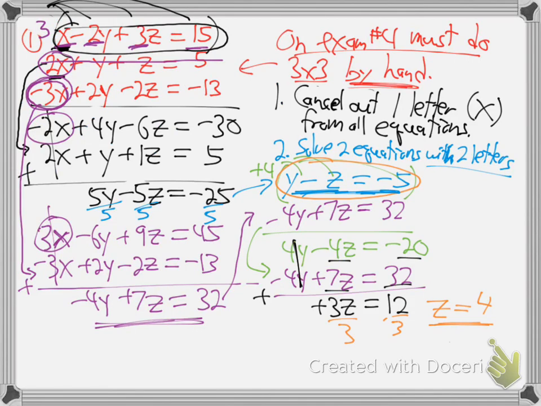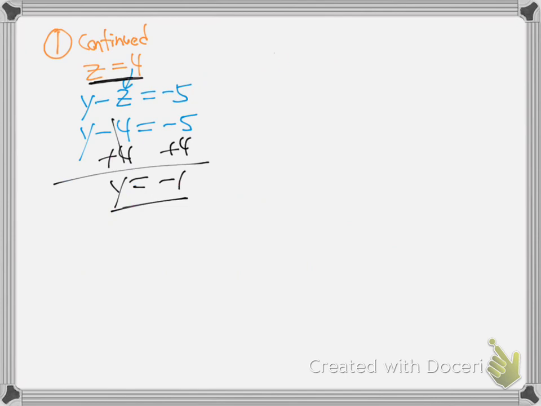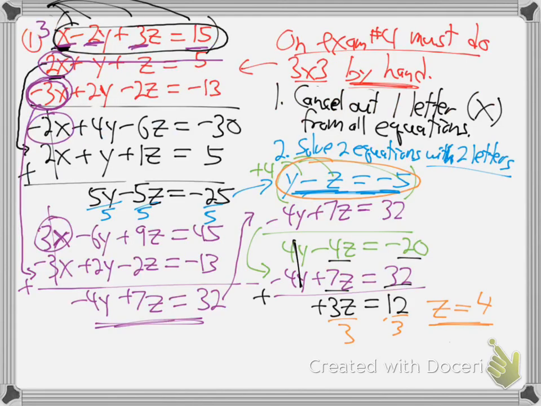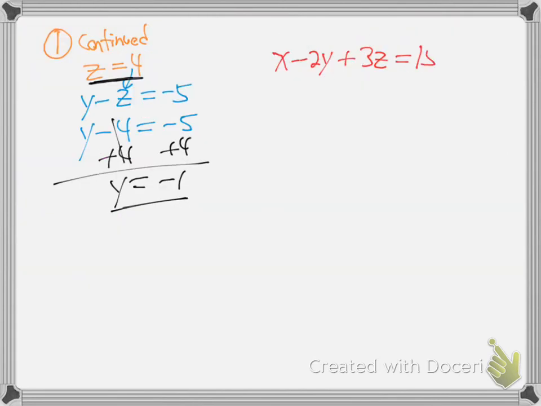What is it? X minus 2y plus 3z is 15. And I'm going to plug in z as 4 right there, and y is negative 1 right there. And what are we going to get?